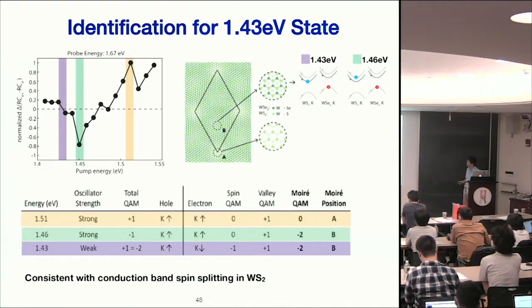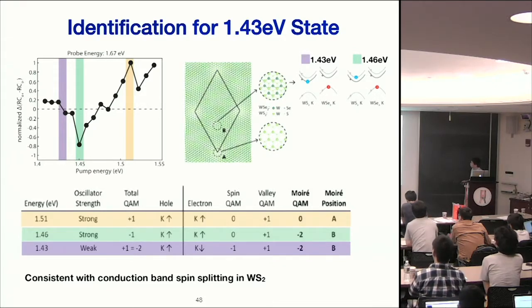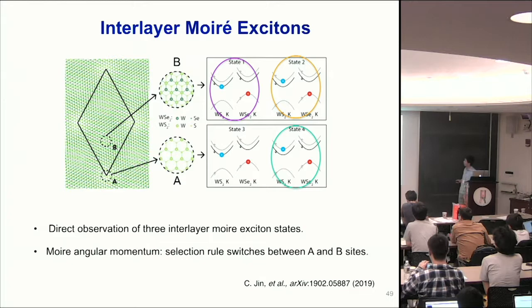We found that this transition comes from a Moiré position of B, and it has an effective angular momentum of -2. And the other state is coming from the A configuration. So this is the summary of what we can determine experimentally.